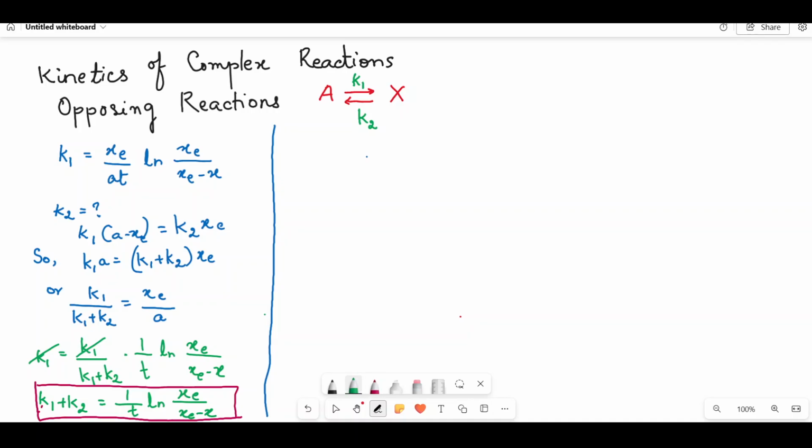Since it is a first order reaction, we can replace this K1 plus K2 by K. So K1 plus K2 can be written as K is equal to 1 by t ln of Xe by Xe minus X. Now Xe also can be replaced by A. If we replace Xe by A, we now have A divided by A minus X.